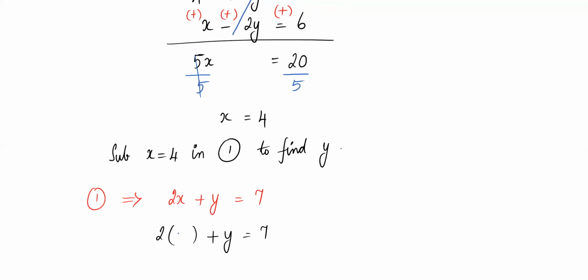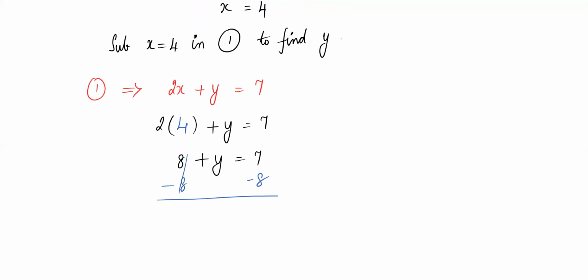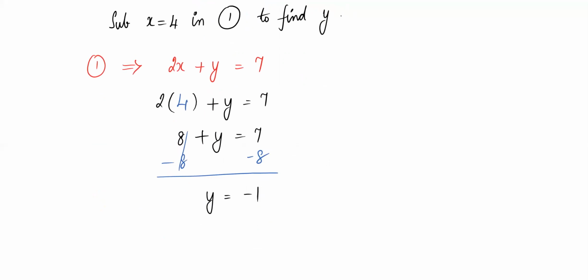Let me plug that in as 4. 8 plus y equals 7. We were trying to get y by itself, so y equals -1. The ordered pair 4, -1 is the solution to the system.